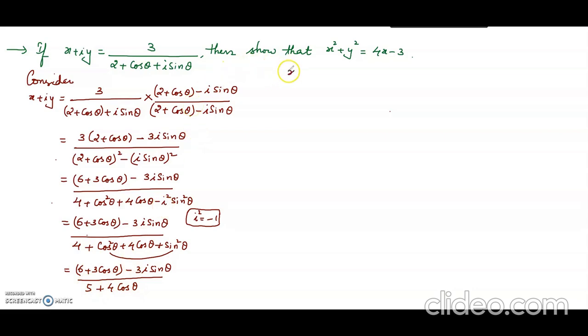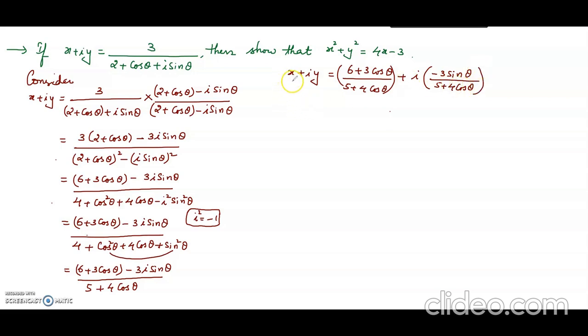Now we will bring the right hand side also in the form of x plus iy. So let us separate the first term by the denominator, 6 plus 3 cos theta by 5 plus 4 cos theta, plus we will take this minus 3 inside, we keep i as it is, minus 3 sin theta by 5 plus 4 cos theta.